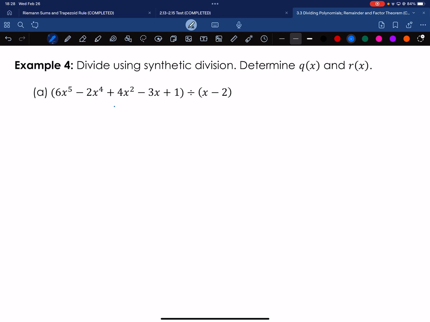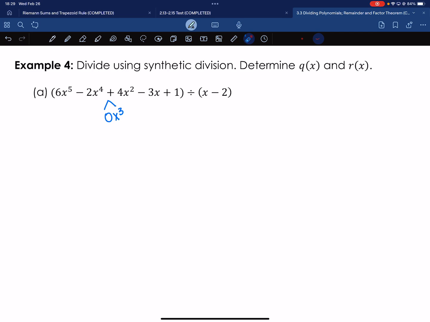So we're going to plug in right there a 0x to the 3rd, in between the x to the 4th and the x to the 2nd. Then we have our x to the 1st, then we have our constant, so we're good. We're dividing by something that's in the form of x minus something or x plus something, so we're good there. And so now is the setup.